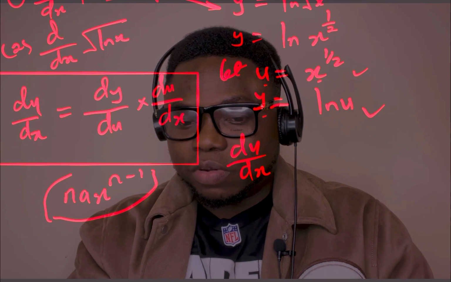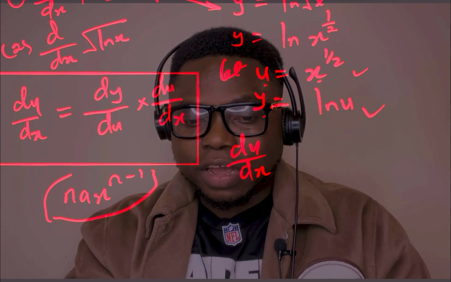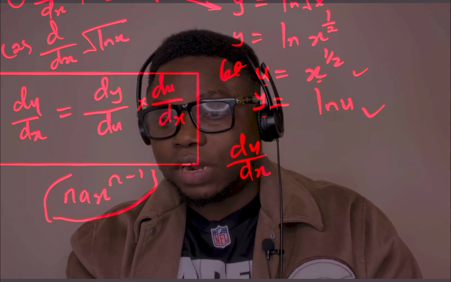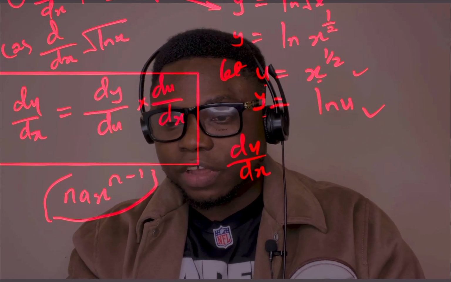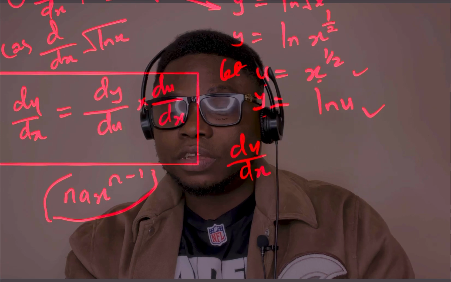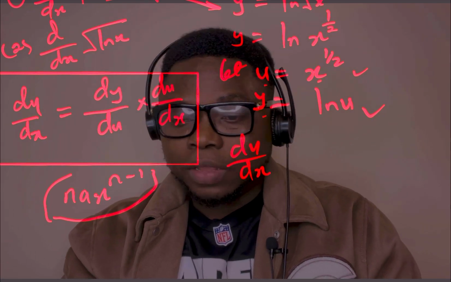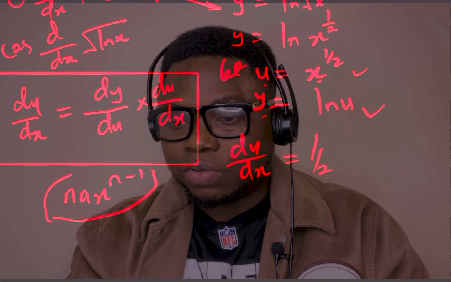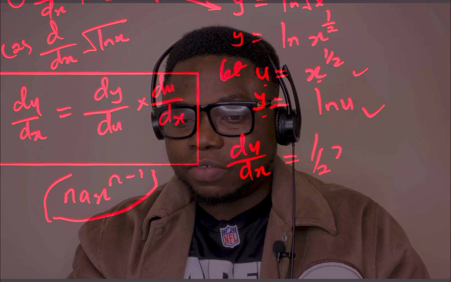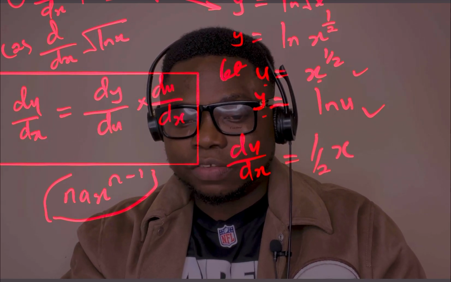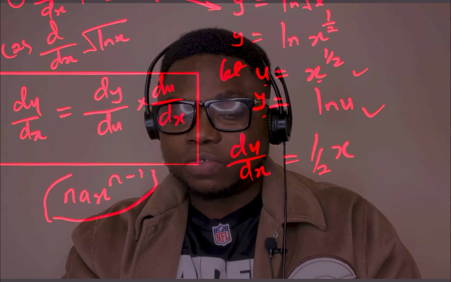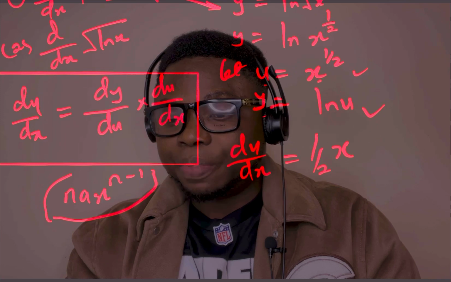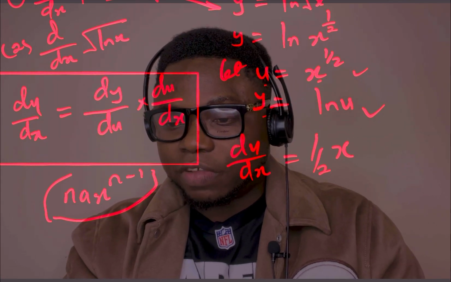Here x is the variable, n is the exponent, which is half, and a is the coefficient of x, which is 1. So this is going to be 1 over 2 times x raised to the power of half minus 1, because I'm replacing n with half. Half minus 1 gives me minus half.